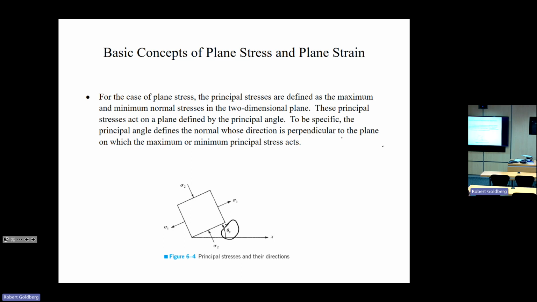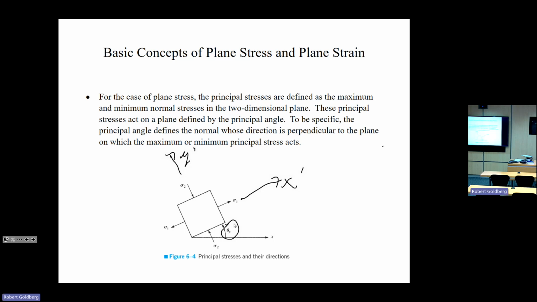So all we did is take our basic XY plane and rotate it. We have an X prime and a Y prime direction, and that's our rotated plane where the state of stress, which had normal and shear stresses, now only has normal stresses.